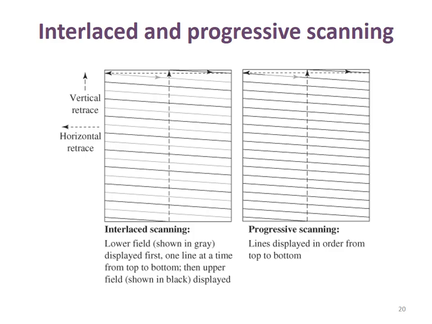So once we partition the frames into upper field and lower field, we don't have to follow the original order of the lines, 1, 2, 3, 4, 5. We can display 2, 4, 6, 8 first, and then we display 1, 3, 5, and so on.